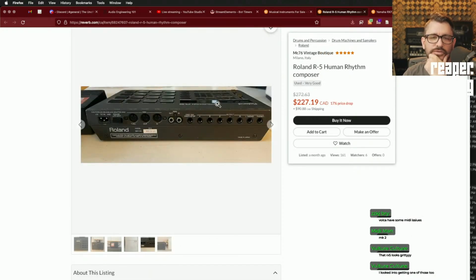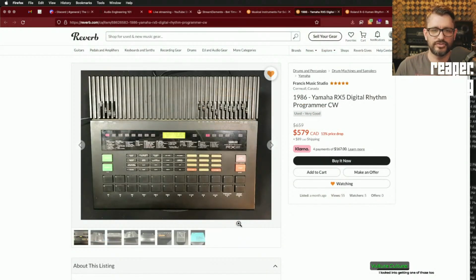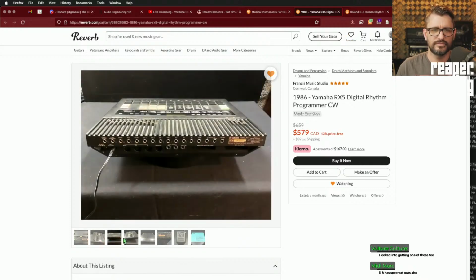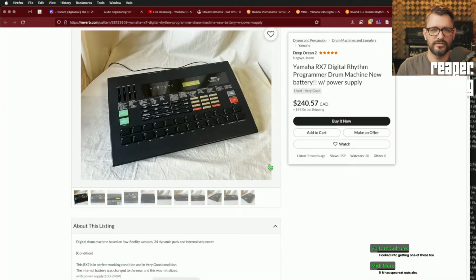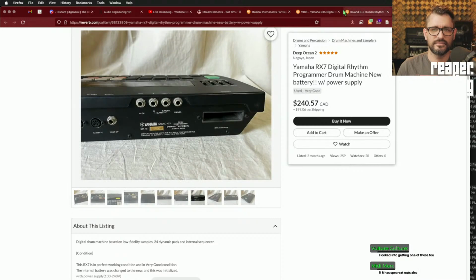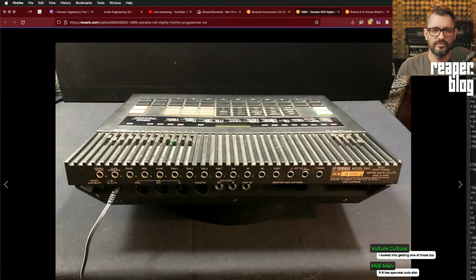This one has separate outs, which is pretty cool. It's RX5. This one's got multi-outs. The RX7 doesn't. Also has volume controls for each output. So it seems like it's much more playable.